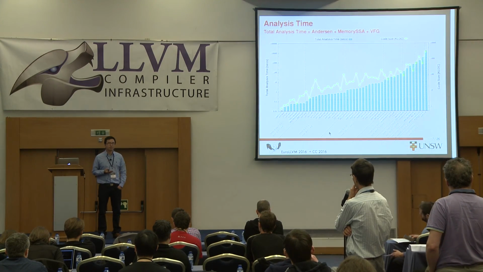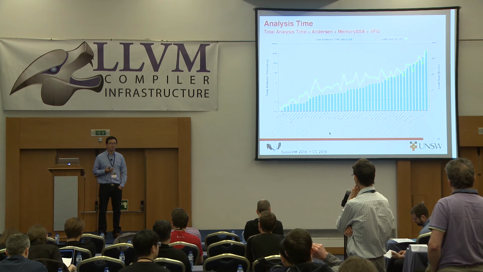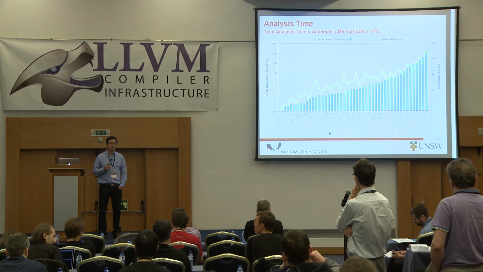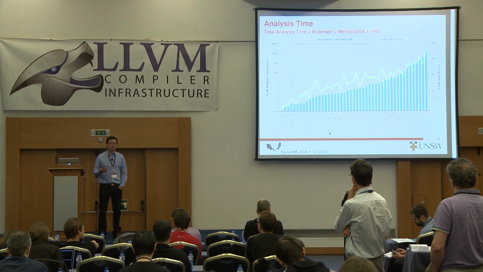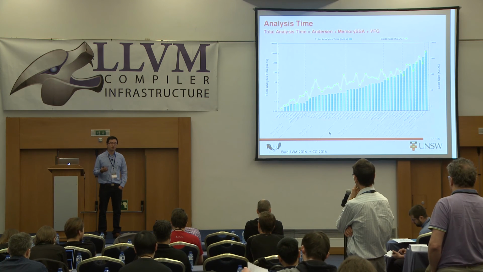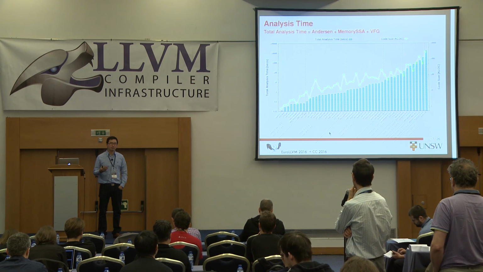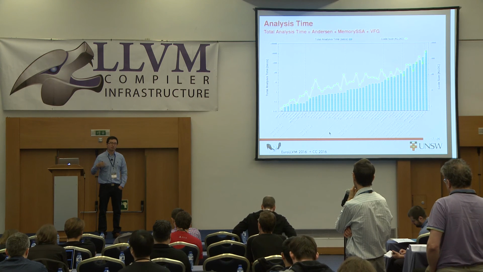For the most expensive part, especially the pointer analysis, we are trying to leverage existing constraint resolution techniques to write a more efficient solver, and we also use some caching techniques to reduce the propagation of points-to information. Another technique is that we try to partition the memory so that we can minimize the effort when constructing the memory SSA.